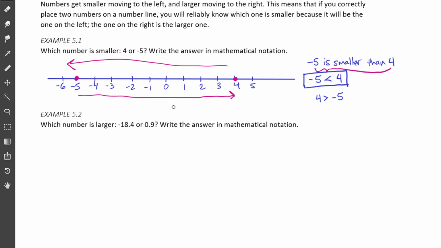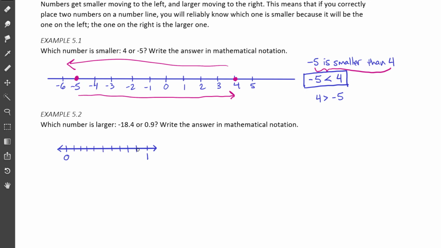What do I mean? Take a look at 0.9 and consider that I could write just a portion of the number line with 0 at the left end, 1 at the right end, subdivided into 10 equal length sections.